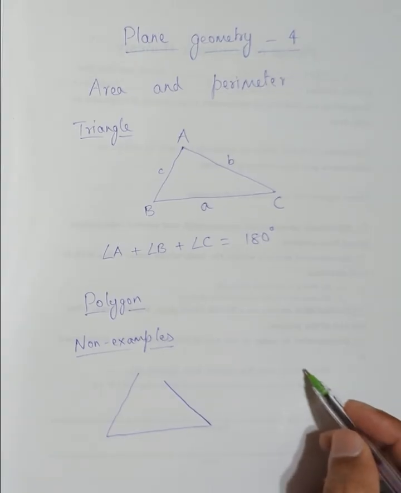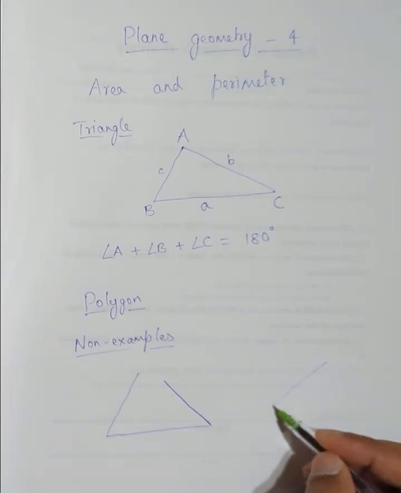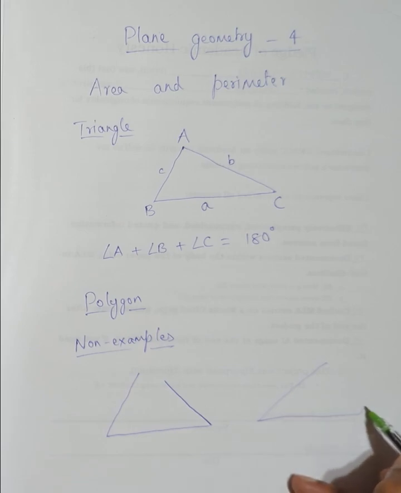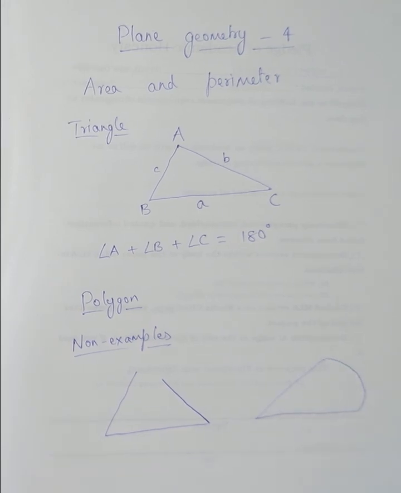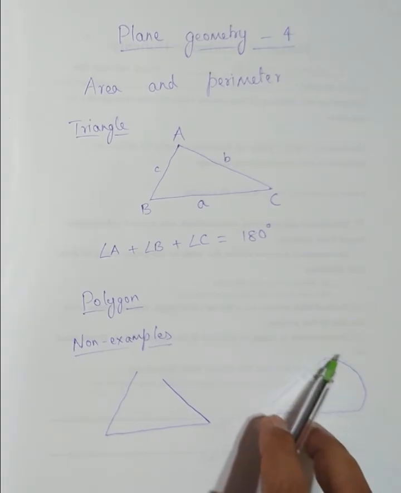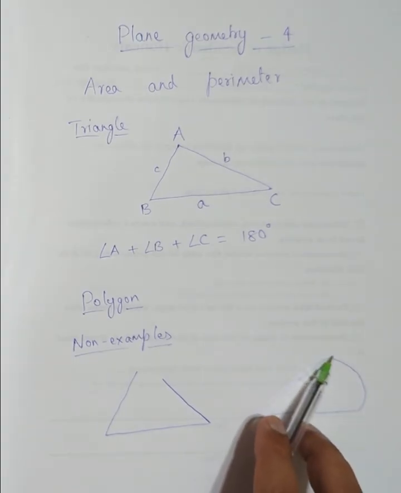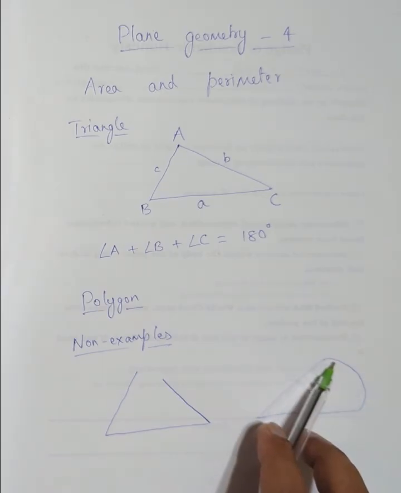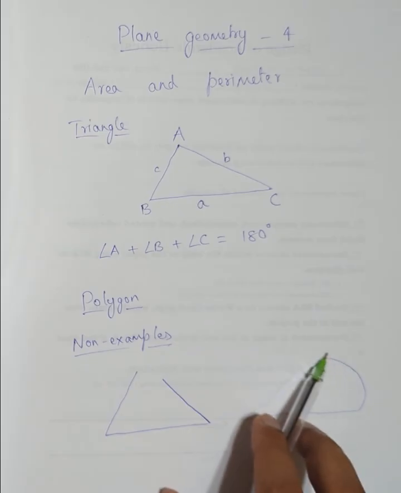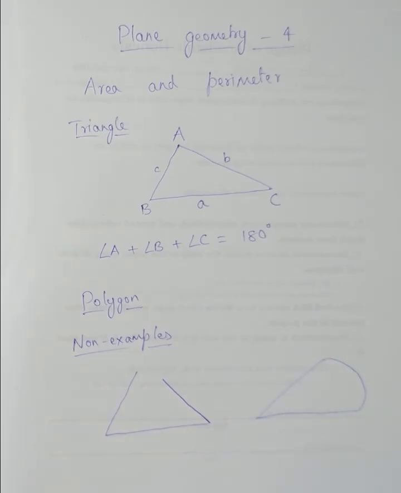Or sometimes one of the sides is curved, something like that. So this is also not a polygon, even though it's closed, because one of the sides is not formed from a straight line segment, but from a curved line.